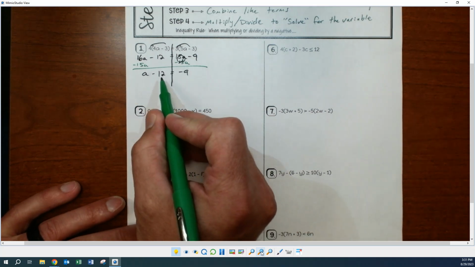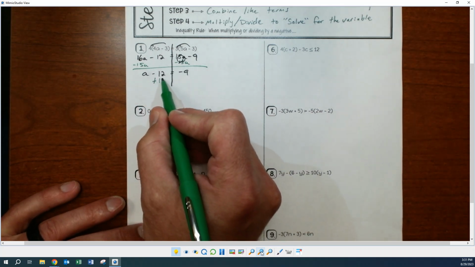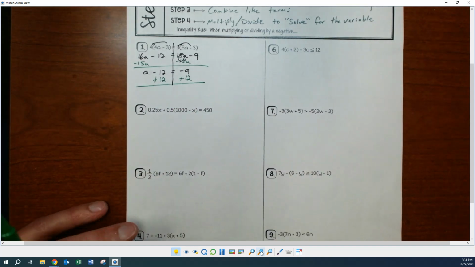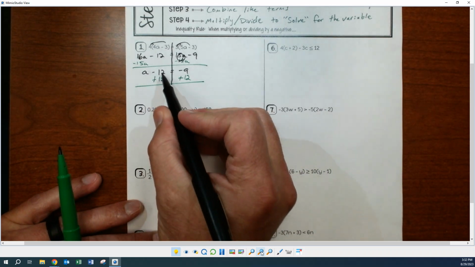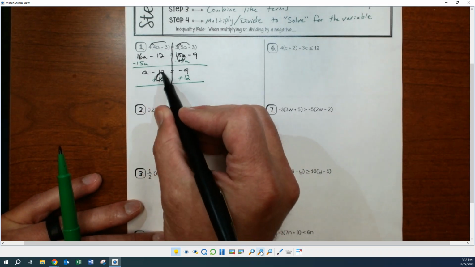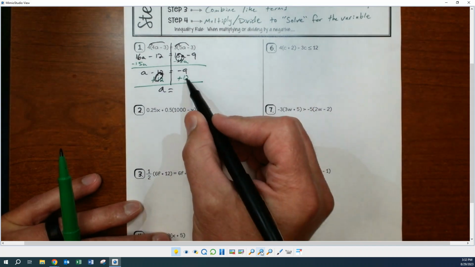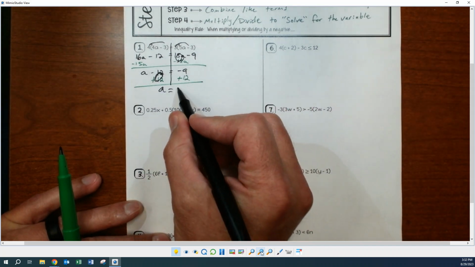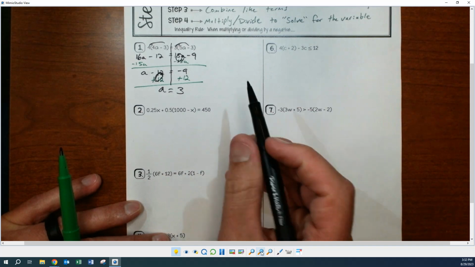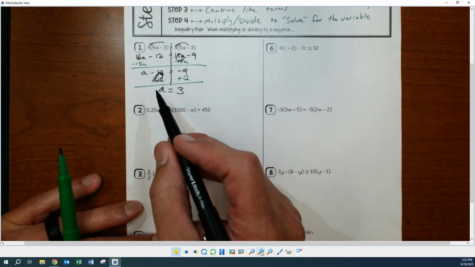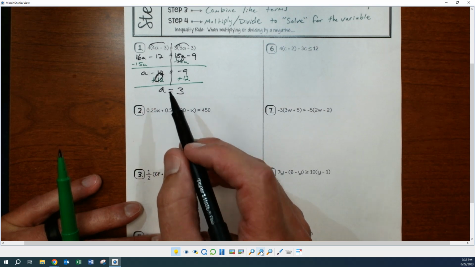So the opposite of subtracting 12 is adding 12. In this case, these zero out, which is what I want, and I'm left with a equals 12 minus 9, which is 3. Normally, I would have some division here, but I don't have any in this case because there's just one a.